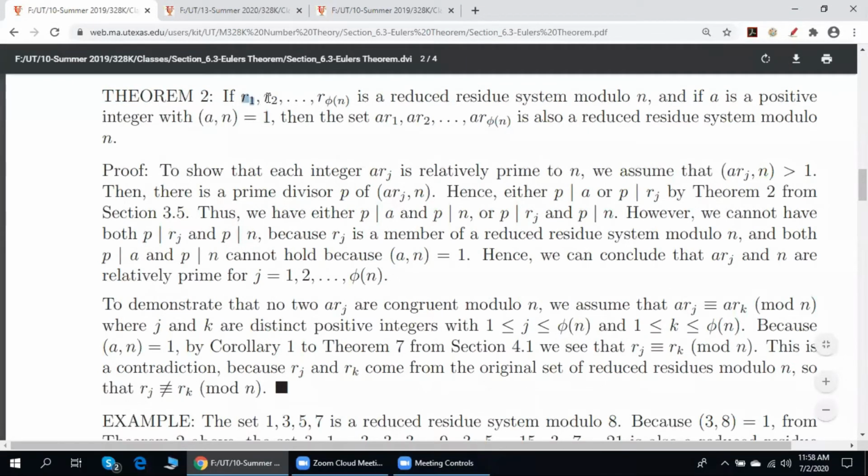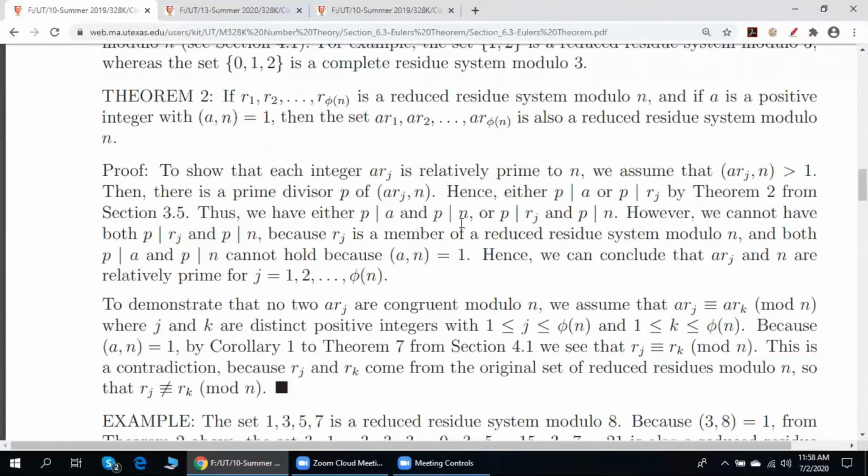If R1, R2, and so on up to R phi of n is a reduced residue system modulo n, and if a is a positive integer relatively prime to n, then this set, where we multiply each number here by a, is also a reduced residue system modulo n. Here is how we prove it.